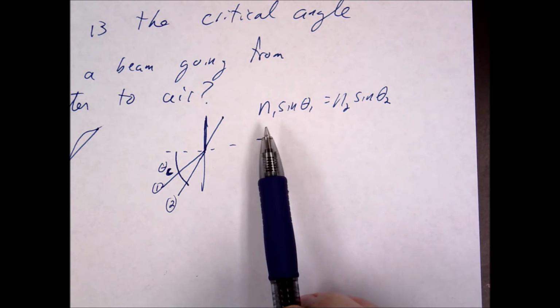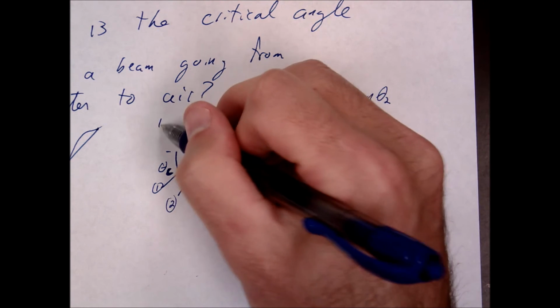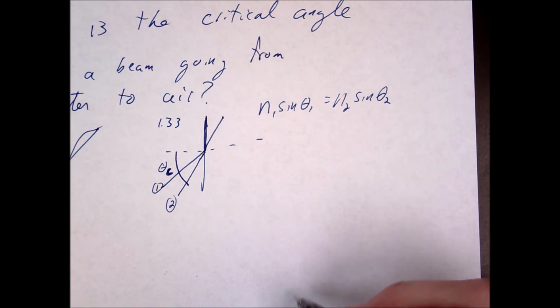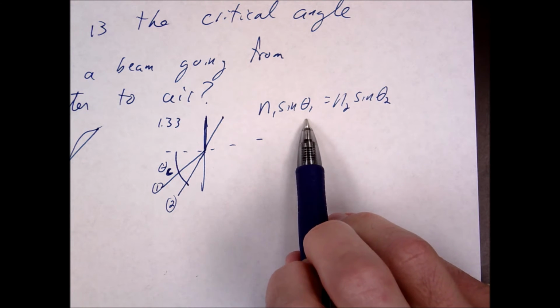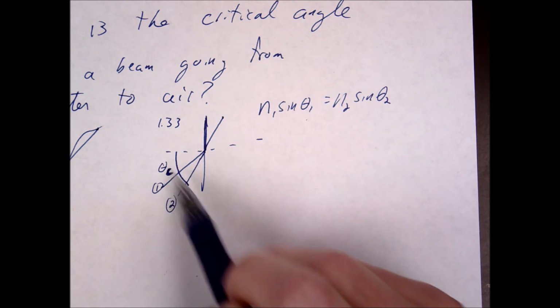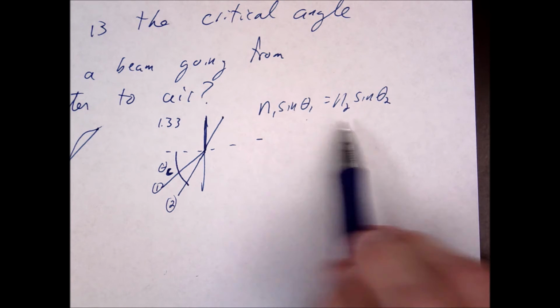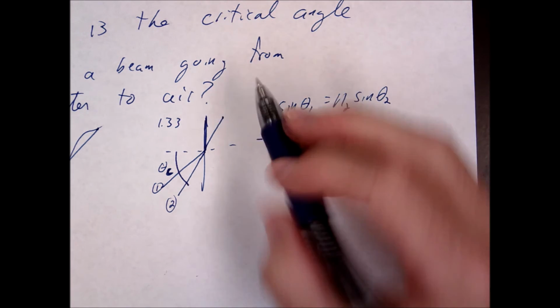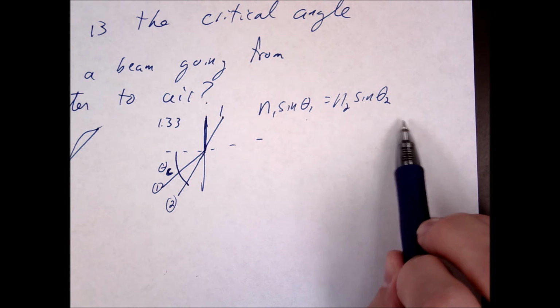Okay, so what should our N1 be? The water, right? Where we're coming from. What should theta 1 be? That's our theta critical, right? And what should N2 be? That should be air, which is 1. And then what should theta 2 be? 90 degrees, right?